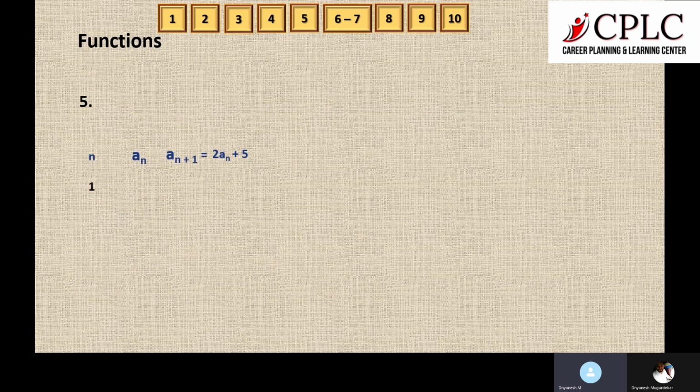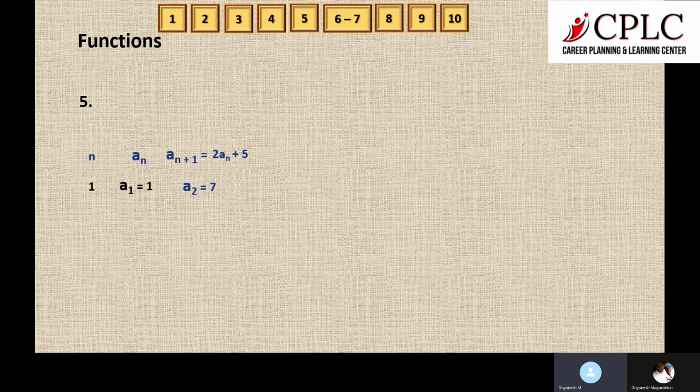So whenever you substitute n as 1, you will get the value of a2. And for the value of a2, you have substituted n as 1. So the right side expression becomes 2 times a1 plus 5. a1 was known to us, which is 1. 2 times 1 plus 5, you get the value of a2 as 5 plus 2, which is 7.